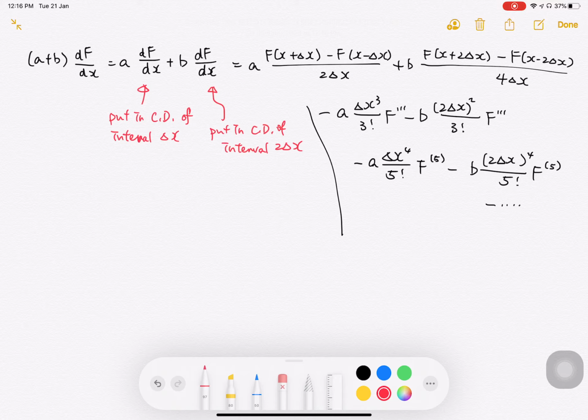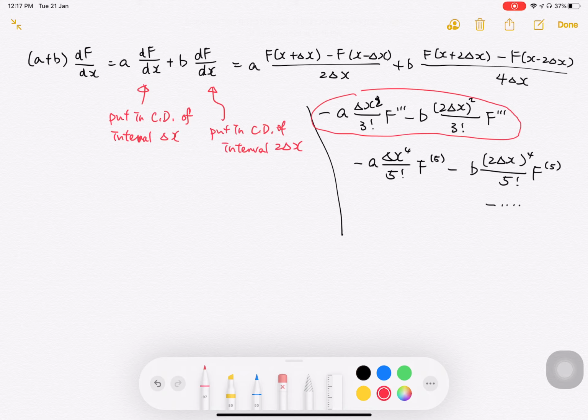Okay, so the goal in here is to remove this. I'm sorry, there is a typo in here. This is 2.